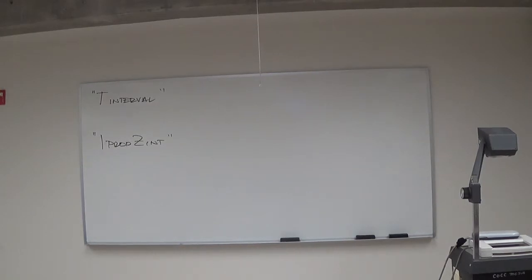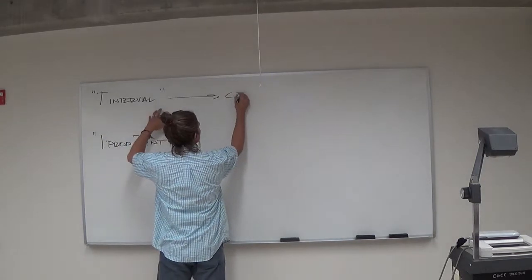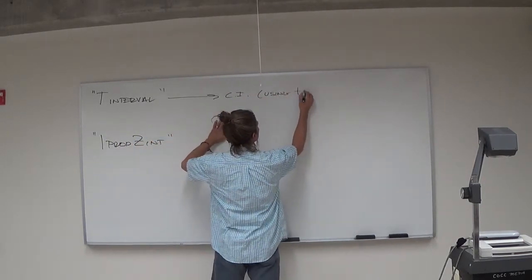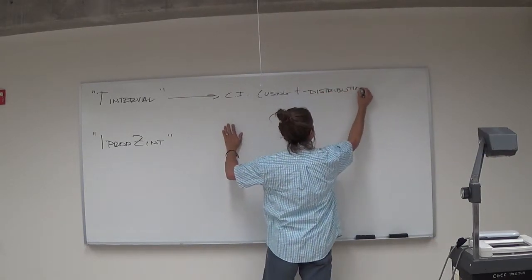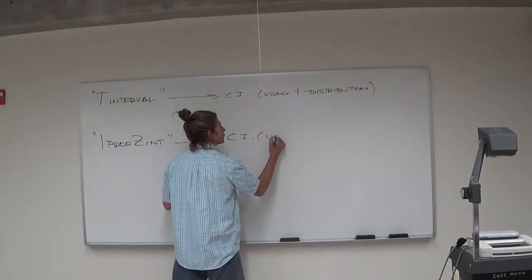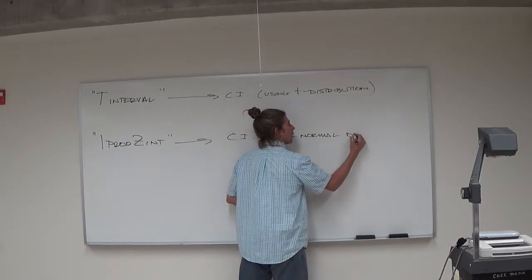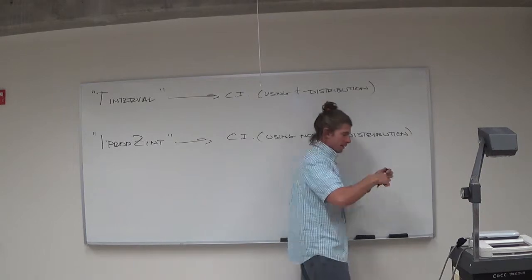But in general, this is a confidence interval using the t distribution. And in general, this is the same thing, but it's using the normal distribution. But I reiterate my statement.